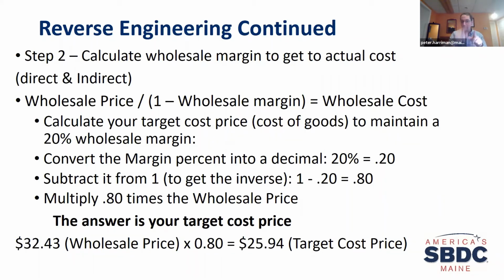So in this case, again, with all the math, you can read it as well, we got a $25.94 target cost. So hypothetically, that $60 item that we started with, that we found out from the competitor, okay, I'm selling it for $60. If we wanted to, and we did all the math, we could find out if they bought it wholesale, that wholesale cost to make that item should be around $25 to $26.